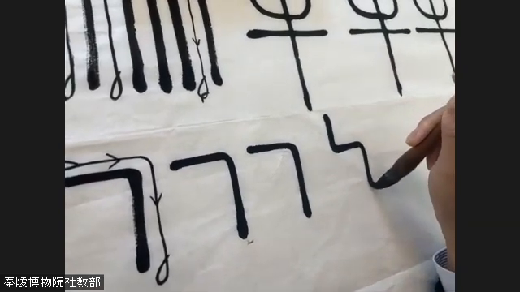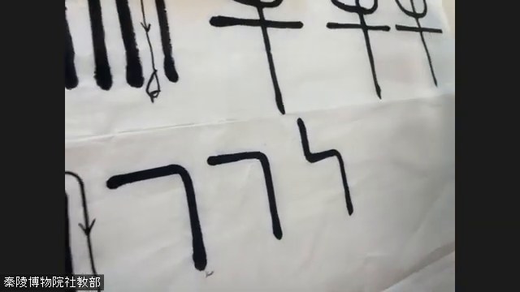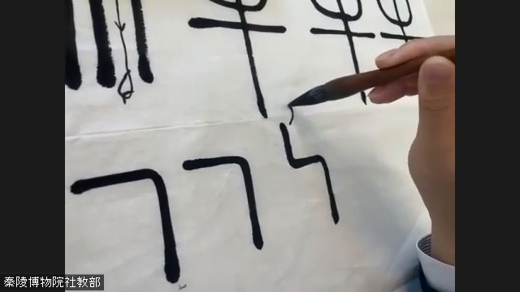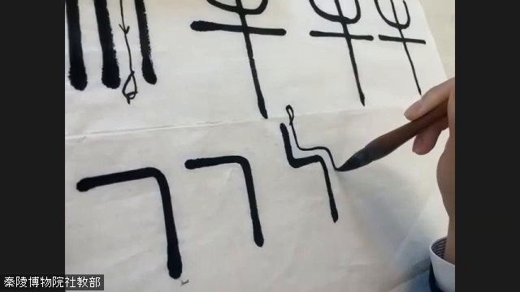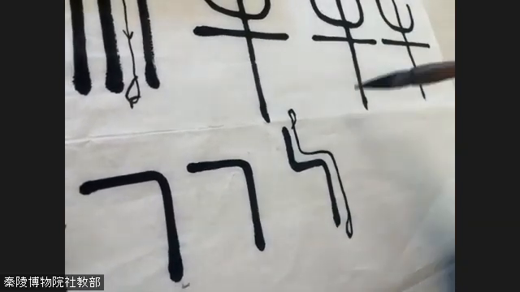And then follow the whole trend and turn to the right, and slowly move the brush down. 直弯. 我们请韩老师慢慢的，我们再写一遍。First, keep your brush vertical.